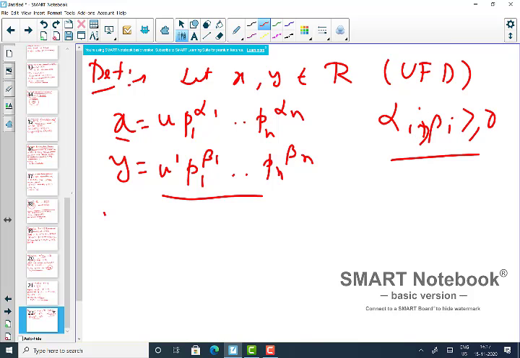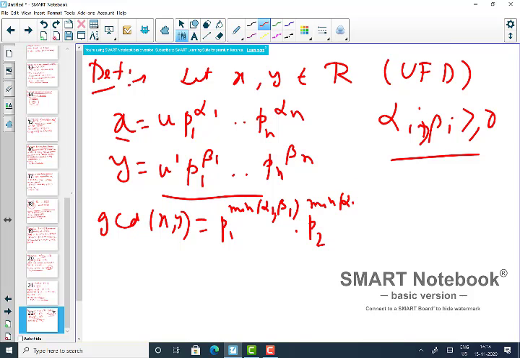Then you define the GCD of X and Y as the product of P1 to the power minimum of alpha 1, beta 1, similarly P2 to the power minimum of alpha 2, beta 2, and so on, up to Pn to the power minimum of alpha n, beta n.